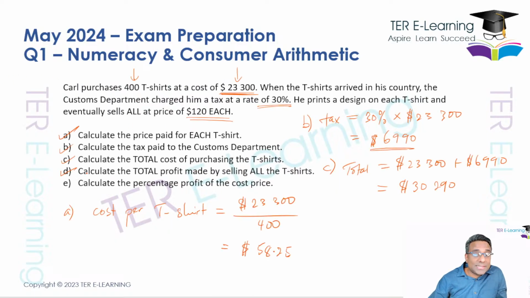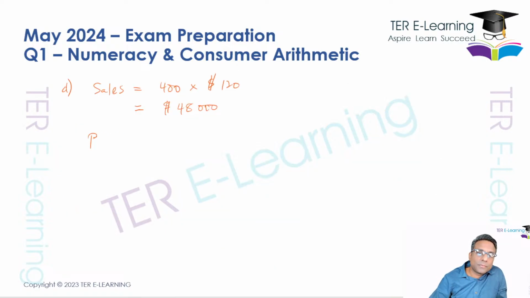But the question says, and this is why you all need to read carefully, what is the total profit that he made? So this is the total he paid for bringing in the t-shirts, 30,290. If you want to work out the profit, you're going to take whatever he's collecting, which is the 48,000, minus the cost to bring it in, that's purchasing plus the taxes.